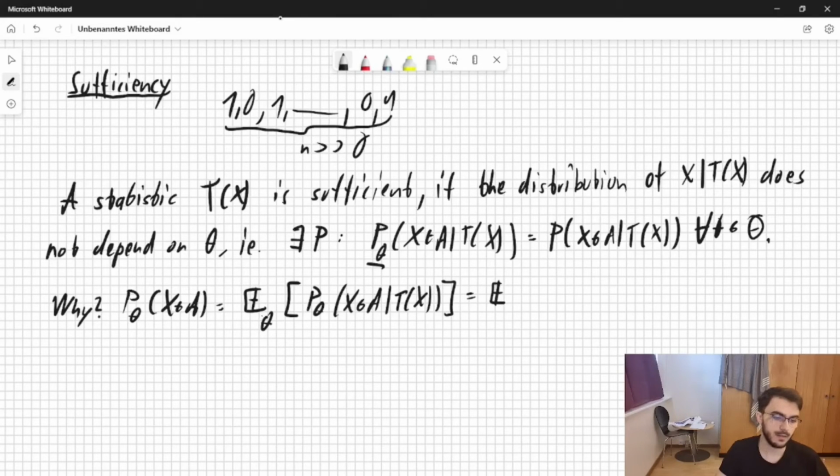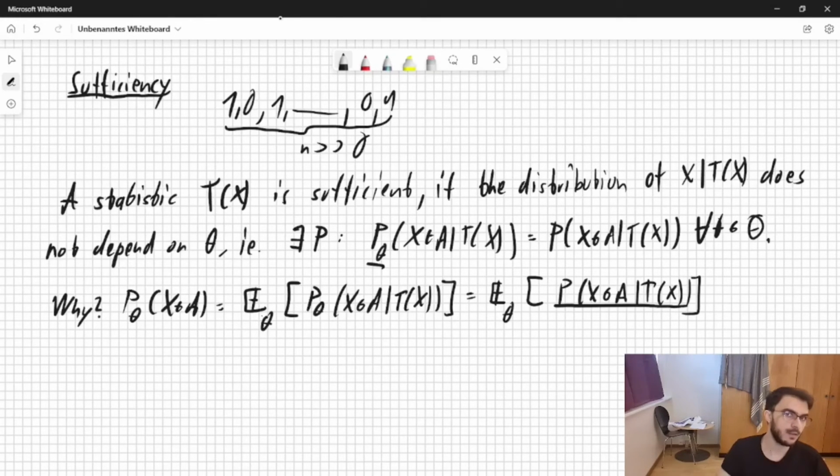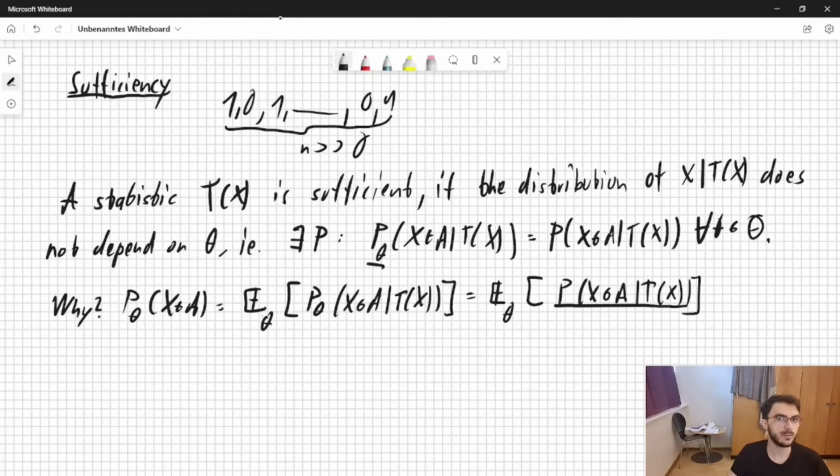And if T is a sufficient statistic, we can now remove the theta. And now we see that this function here only depends on the distribution of T of X, because it's a T of X measurable random variable.